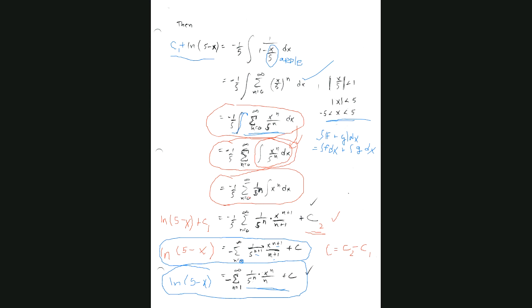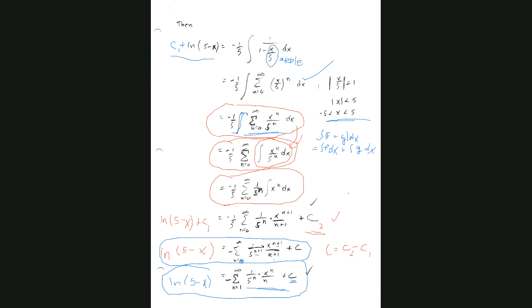Okay, well, there's one thing left to do. We have to solve for this constant c. The log of 5 minus x is dependent on x, and we have a constant here, but we can solve for that constant.